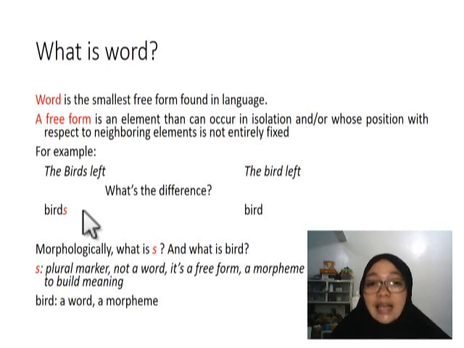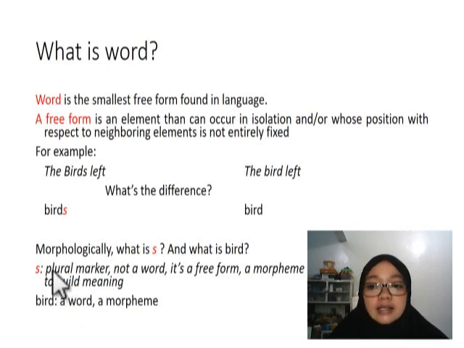So it has a function. Now, the bird itself, what is the bird? This is of course the animal that can fly. That is the meaning. But in terms of the bird, it is a word. So bird here morphologically is a word, and it is also a morpheme.